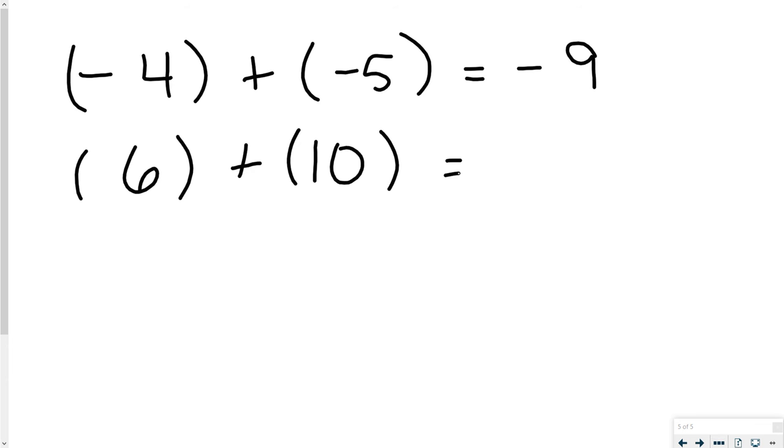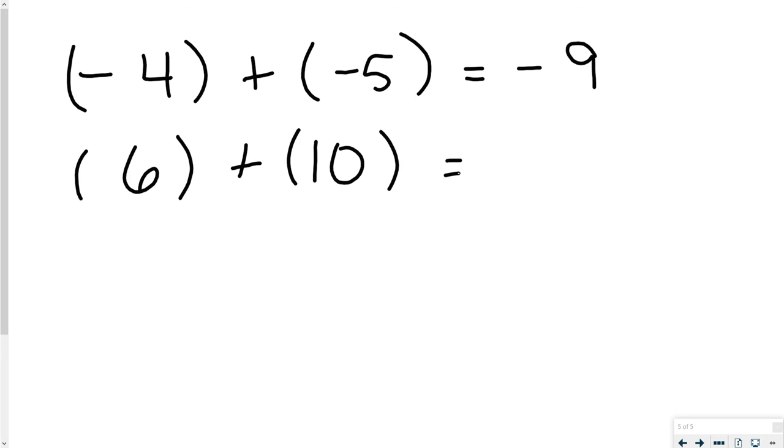Well, is 6 positive? There's no sign in front of it, so how do I know? Well, remember from last week, we said mathematicians are efficient, so positive numbers do not have to have a positive sign in front of them. If there is no sign in front of a number, we assume it is positive, and we assume correctly this time. You are allowed to assume sometimes, in math anyway, okay?